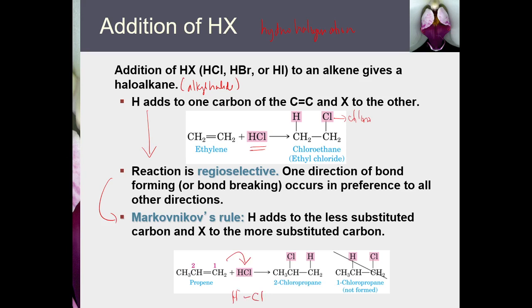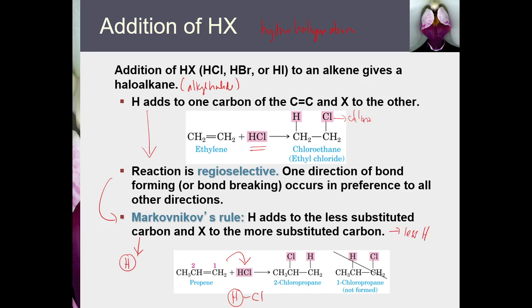So your H now will be added to the less substituted carbon. In other words dito, when you say less substituted carbon, mas madami yung H niya.